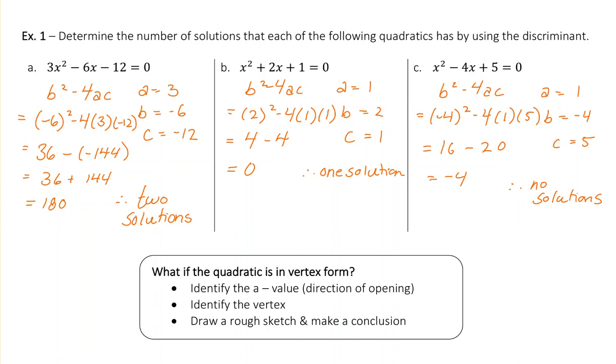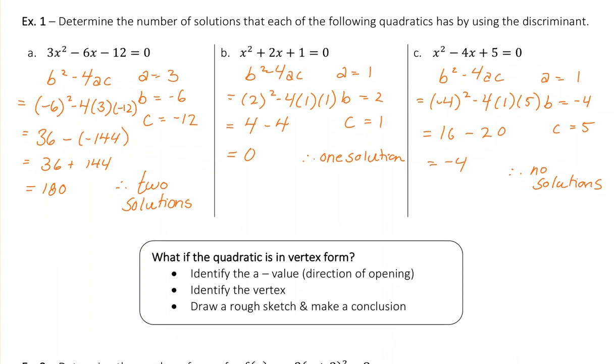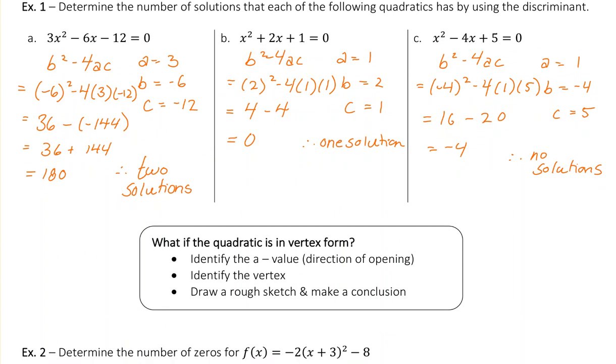Now, you might have problems where you are not given standard form, but in fact you're given vertex form. So, what happens if the quadratic is in vertex form? First thing you want to do is identify your a value. Always look at the a value in the equation, and that's why I've been highlighting that as we've gone through these examples. Next, you want to identify the vertex, remembering the vertex is h and k as they appear in vertex form of a quadratic.